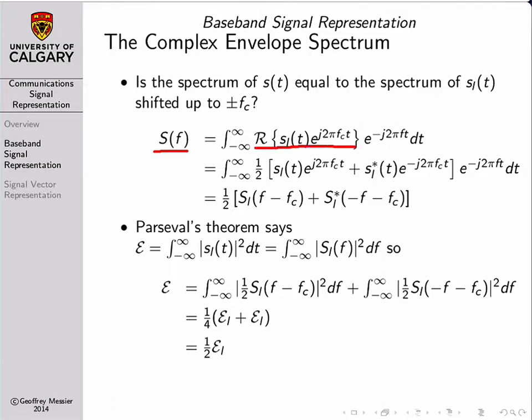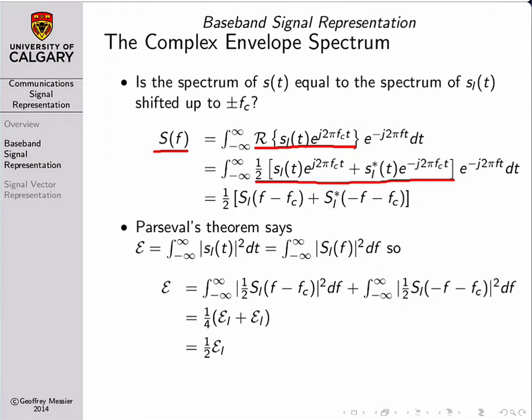Using the identity that the real part of a complex entity is equal to 1/2 the entity plus its conjugate, we expand that expression into two terms, take the Fourier transform of each separately, and then add them together.